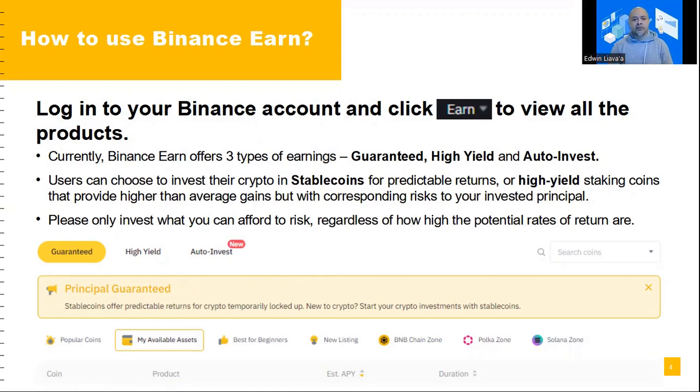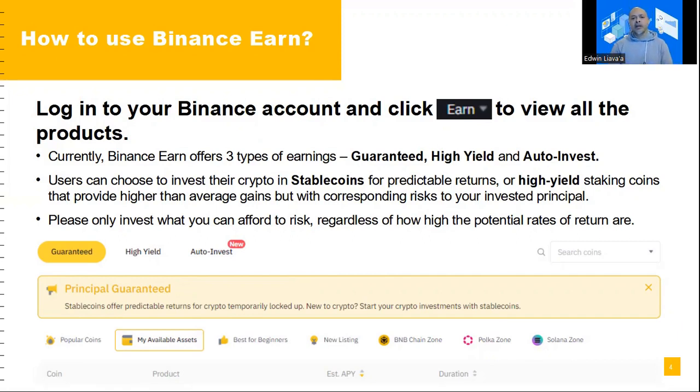The user can choose to invest their crypto in some stable coins. Remember when we were discussing diversification in previous presentations, we will talk about this further during this presentation as well. But it's important to say what stable coins are.